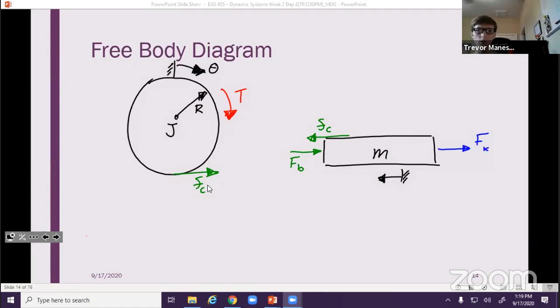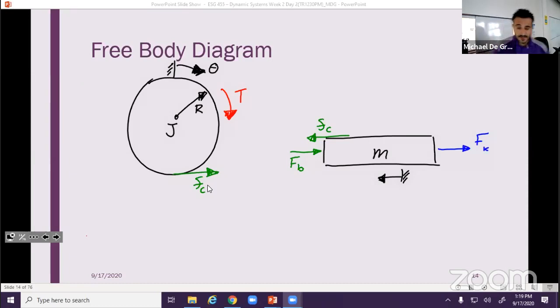Wait, why is F sub C on the wheel going to the right? If the mass is hitting it, forcing it to turn clockwise, shouldn't that force be going to the left? Or is it the reaction force from the rack? Also, it doesn't matter.